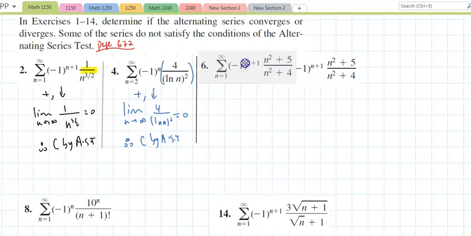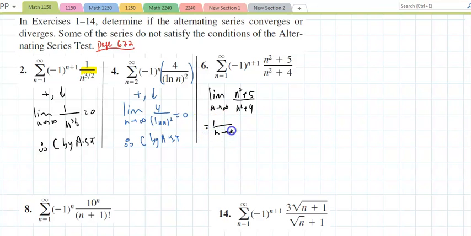Number 6. Here, if I take the limit as n approaches infinity of n squared plus 5 over n squared plus 4, and I divide by the highest power term of the denominator, that indicates that this limit equals 1.